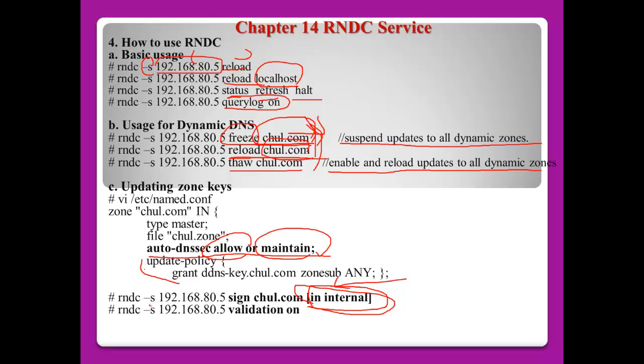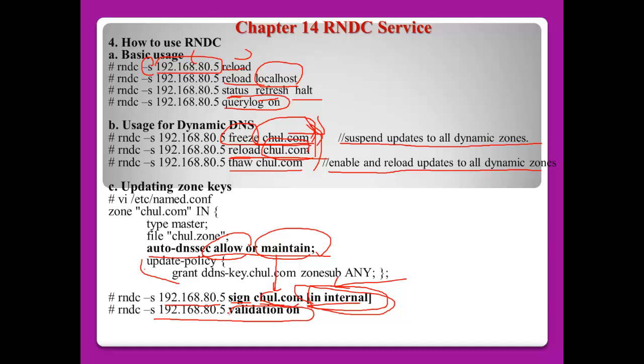And then rndc sign char.com in internal, then we can update this key as well. If you want to turn on validation, then validation on, like this.